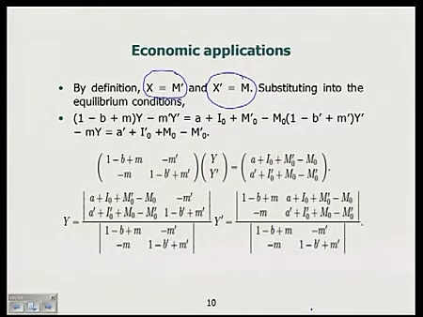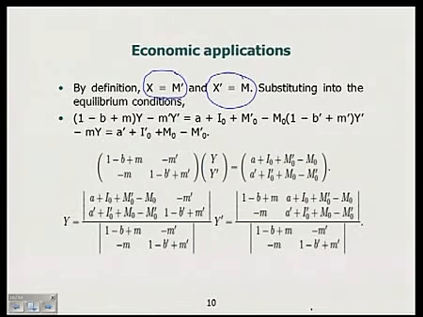Then we substitute into the equilibrium conditions. Then we get this chain of equations. This is (1 minus B plus M) times Y minus M prime times Y prime equals A0 plus I0 plus M prime 0 minus M0.